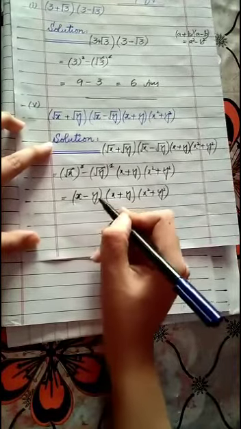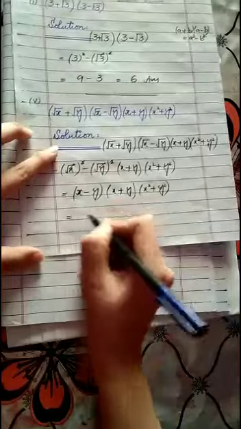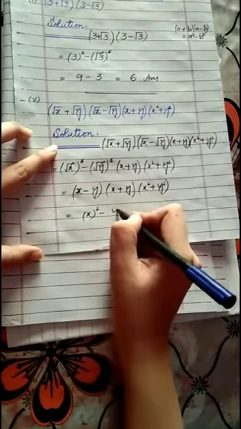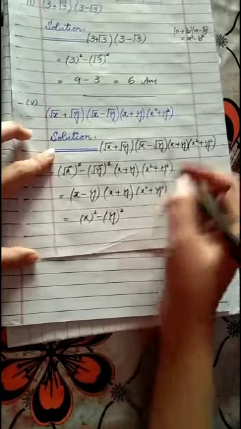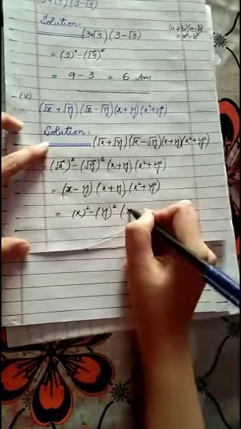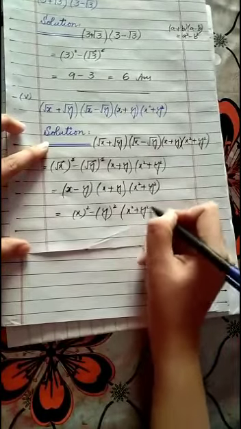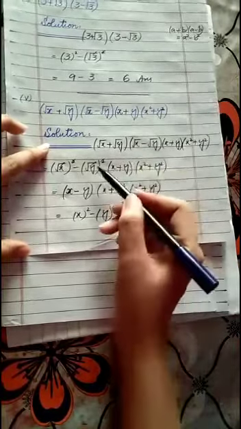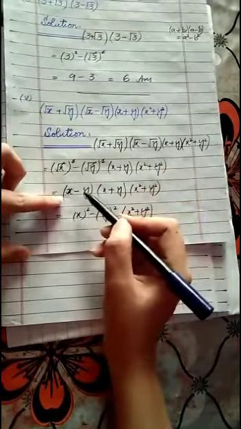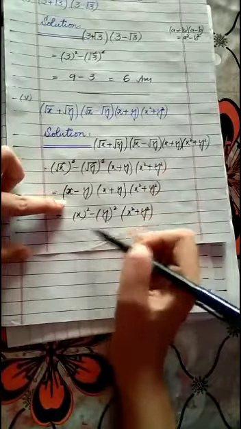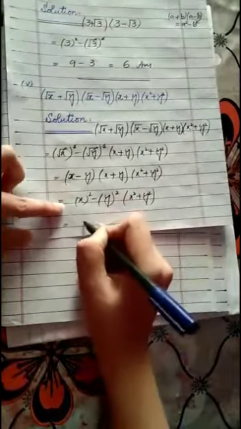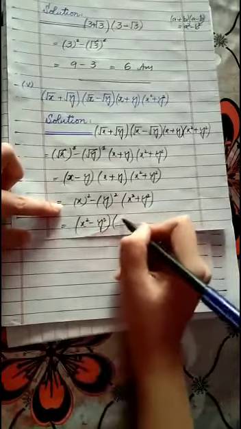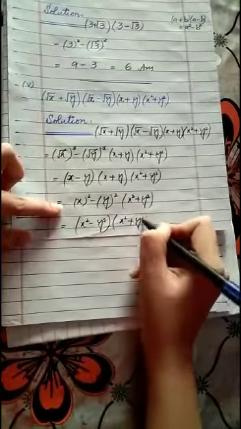So x minus y into x plus y, we can apply here a square minus b square. Again that formula will remain the same. Firstly we combined these both and found this value. Now we will combine these both and we will get this value, that is x square minus y square into x square plus y square.